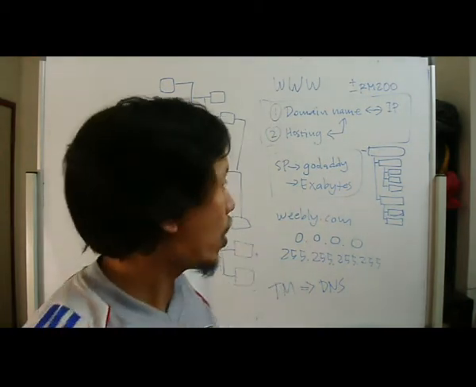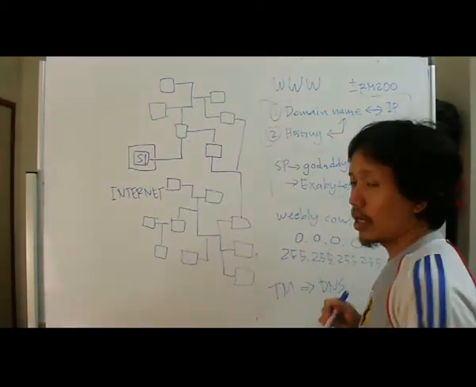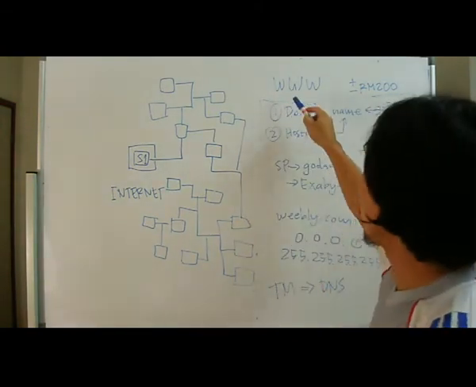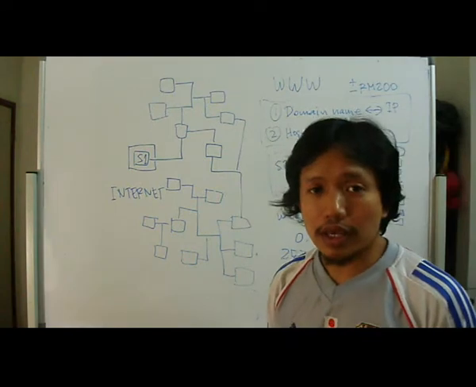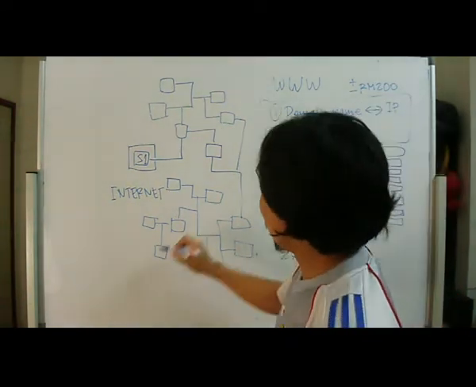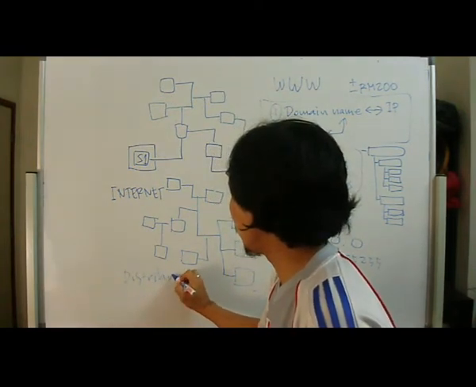Now, if you own a website, on the other hand, you can put different things on your website. This is why the web is otherwise known as a distributed hypermedia system. Distributed hypermedia.